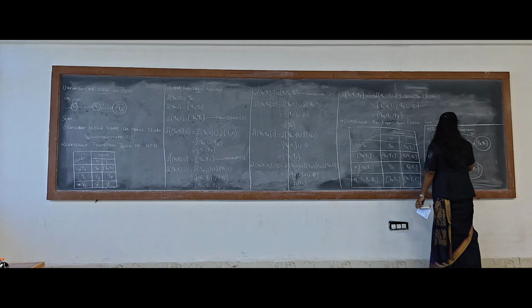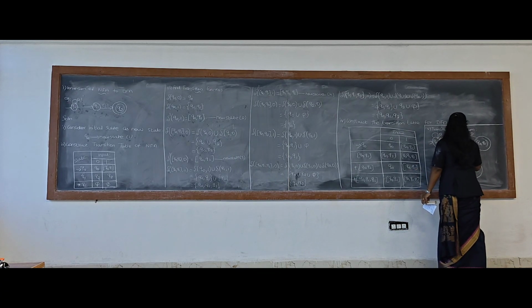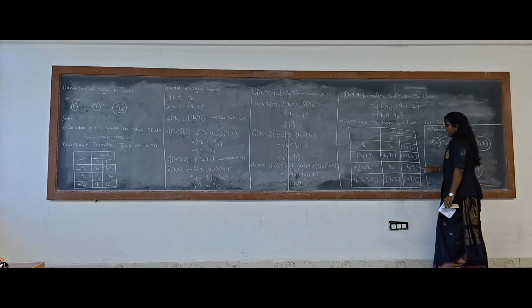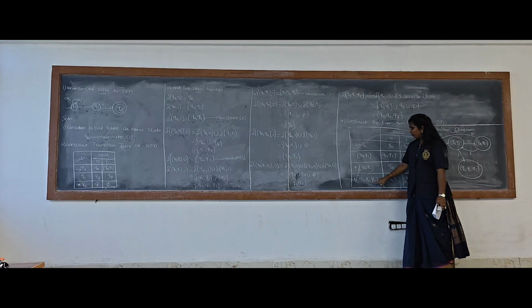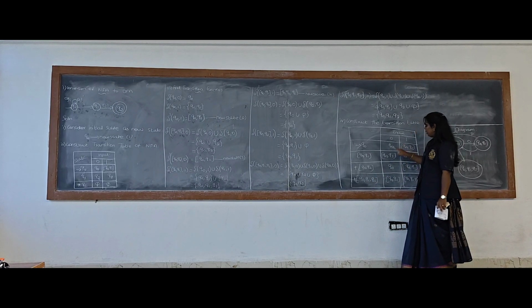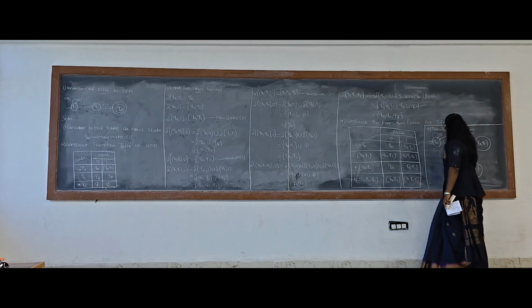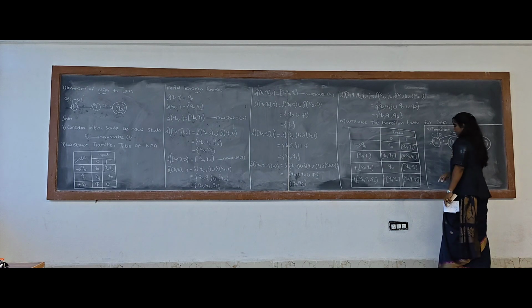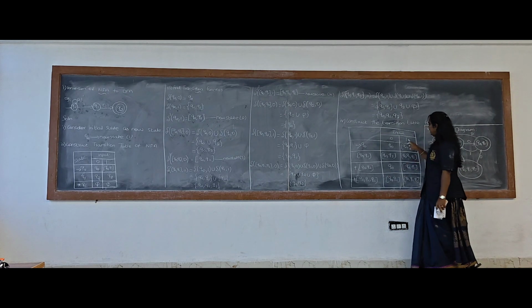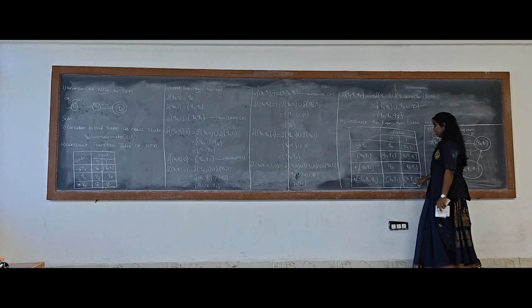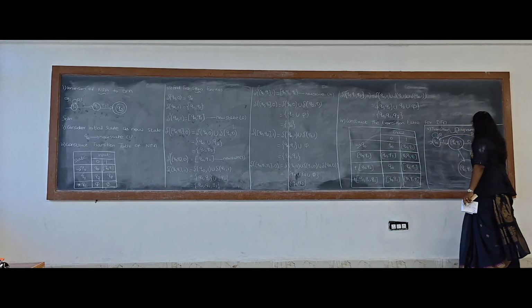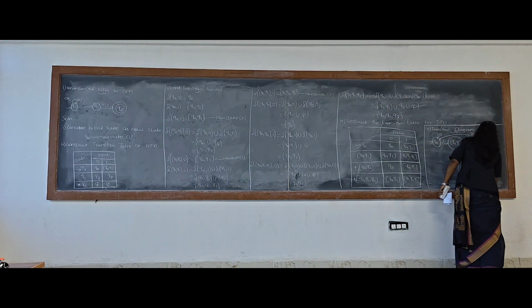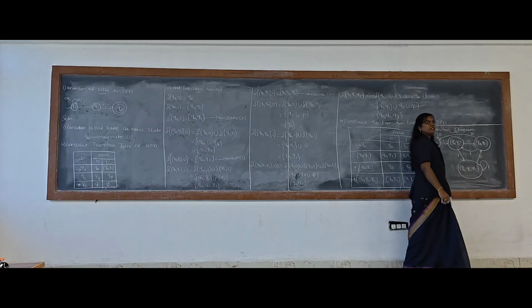And next one is Q0 Q1 Q2 reading the input symbol 0, which will move to the state Q0 Q2. And Q0 Q1 Q2 reading the input symbol 1 will move to the state Q0 Q1 Q2. So this is the final DFA. So that is how we convert the NFA to DFA.